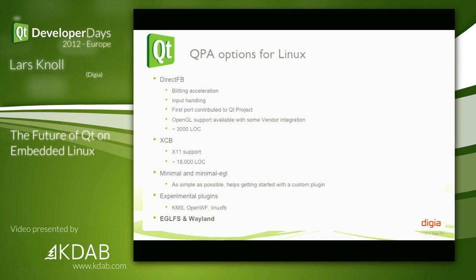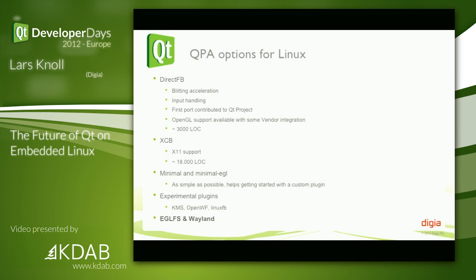OpenGL support is available. You can do that with some vendor integration, but you need to do a bit of work there. It doesn't really work out of the box as far as I know. And the backend is around 3,000 lines of code. So it's actually a manageable size of code. It's easy to maintain, easy to modify and hack and adapt to your needs, in case you have a Linux stack with DirectFB.